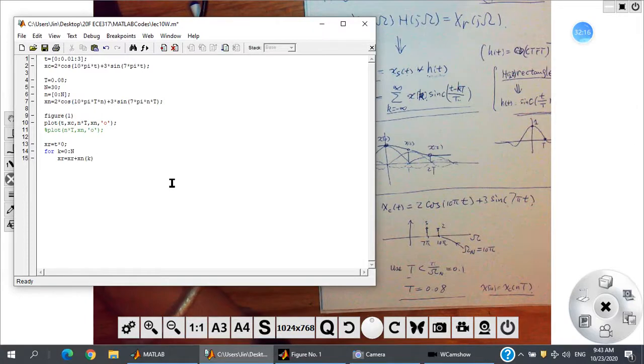Oh no, this is an XK, so N should be plus 1. This is the index. In MATLAB, the index starts from 1. This is xn, then times the sync function. For the sync function, I need t minus kt over t.